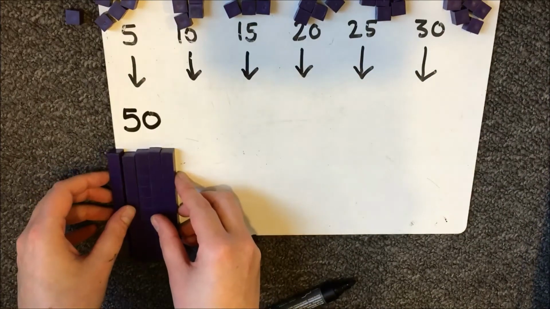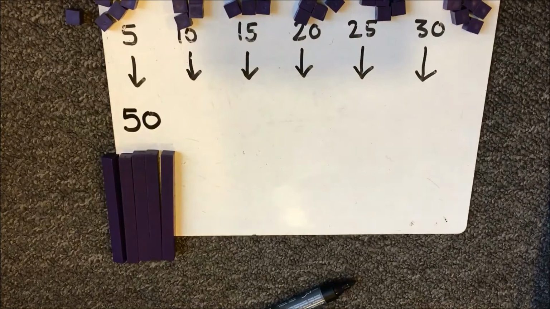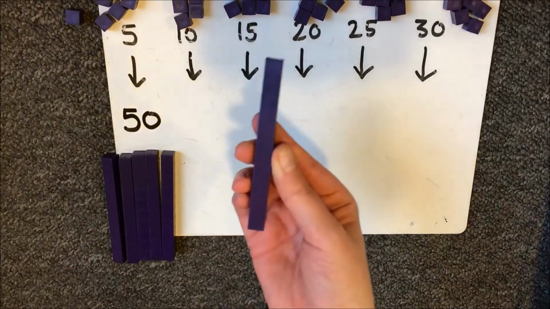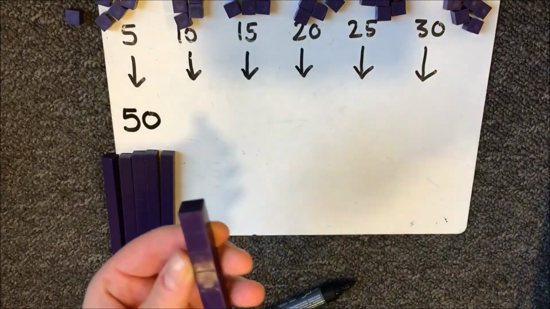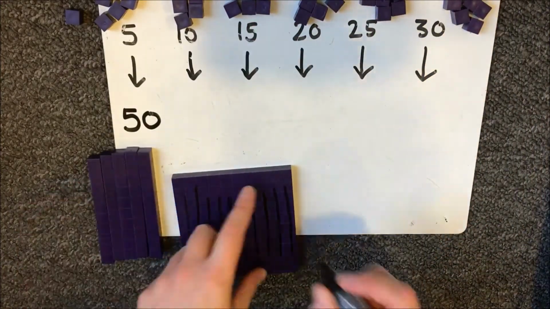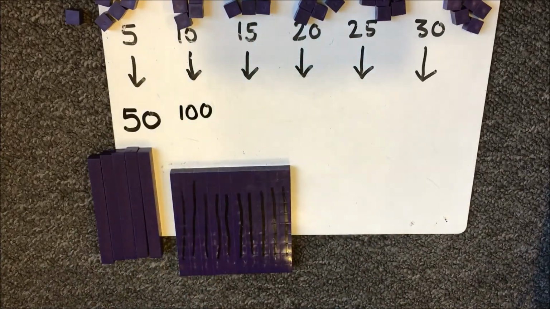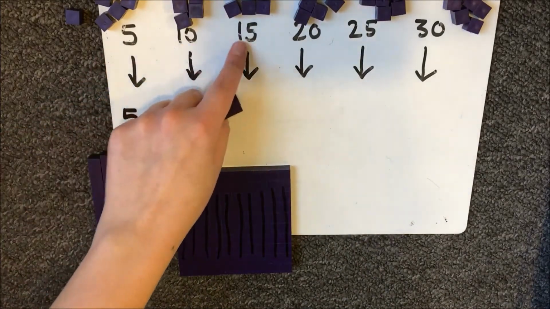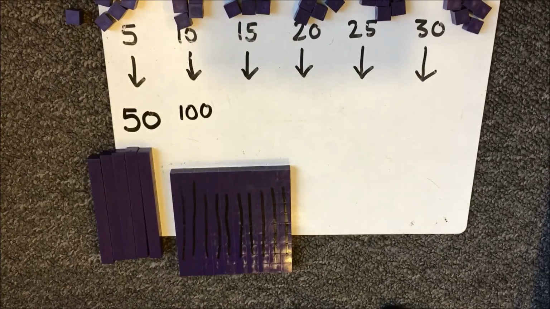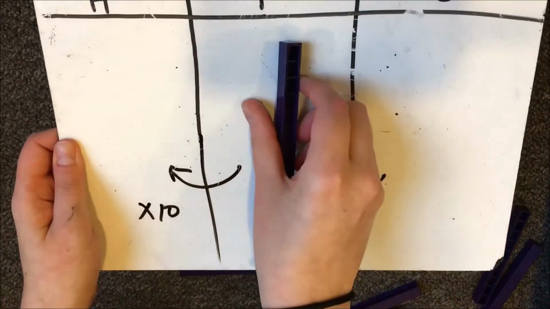10 times bigger. So what happens here when I get 10 times bigger? I've got 1 10. If that gets 10 times bigger, it's going to turn into, that's right, a 100. 15. 5, 10, 15. What happens to 15 when it gets 10 times bigger? Should we have a look at this again?